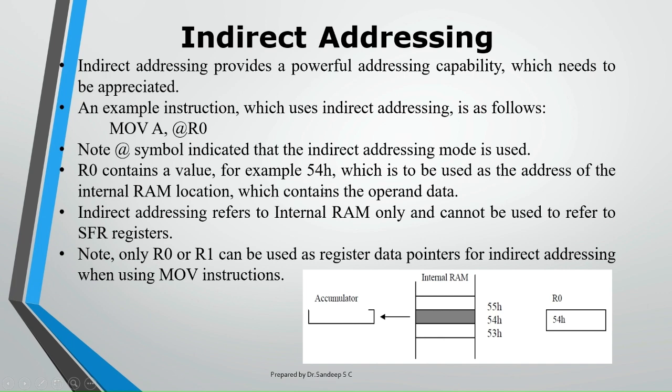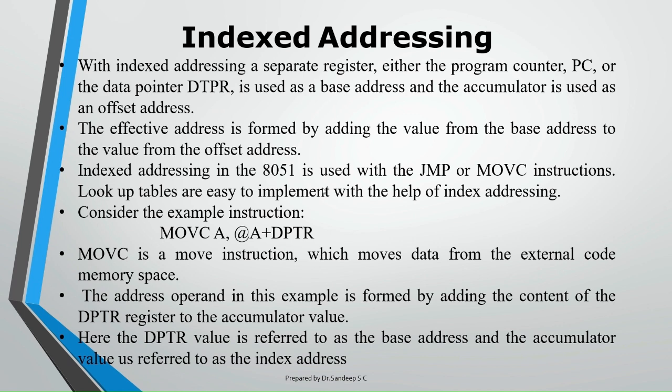Okay, fine. Then we go for the next addressing mode, that is indexed addressing mode. This addressing mode is a little bit complex compared to the others, because we have two addresses coming in this particular type of addressing mode. Here we will have something called base and offset addresses.